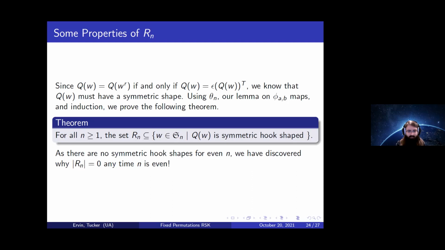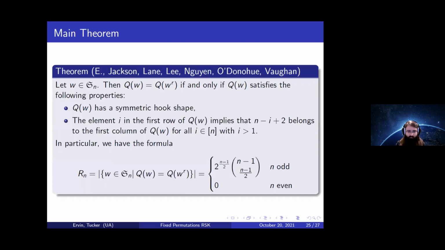And so once we have that, we can actually just finish off the proof. So if W is a permutation on n entries, then Q of W equals Q of WR if and only if Q of W satisfies the following properties. It has to have a symmetric hook shape, which was that theorem we just saw.